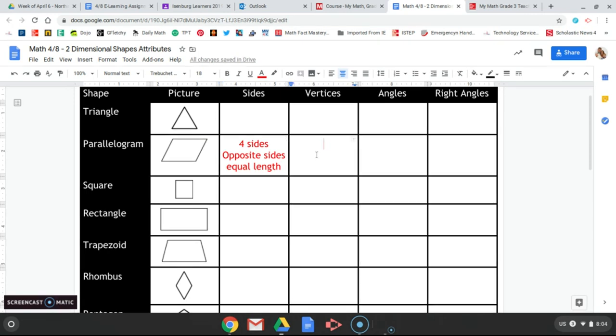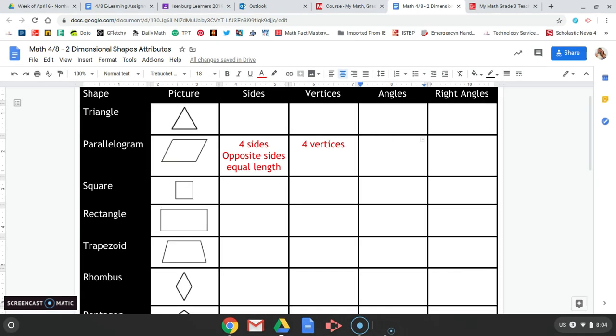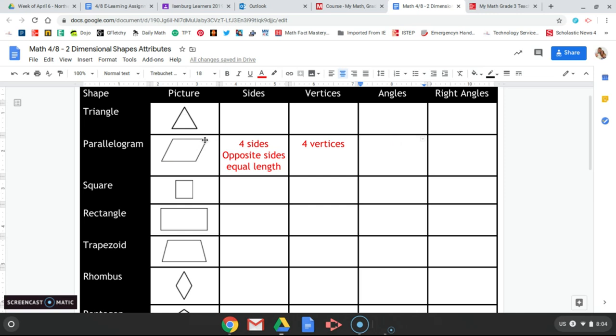There are 4 vertices in this shape. Remember, vertices are the corners. It's where the sides meet. Let's talk about the angles of this shape. Obviously, there's 4 angles, but let's think about what kind of angles they are and if any of them are equal. Well, you can see that there are 2 smaller angles, one here at the bottom left and one here at the top right, and those are equal.